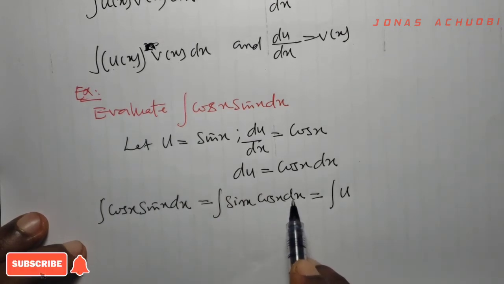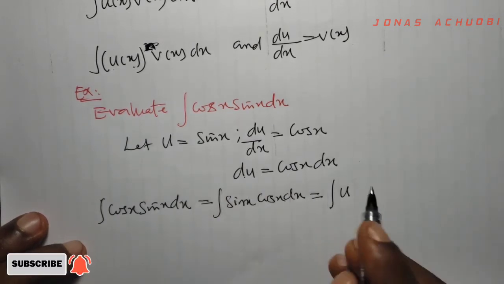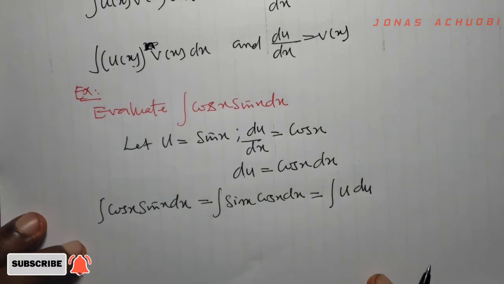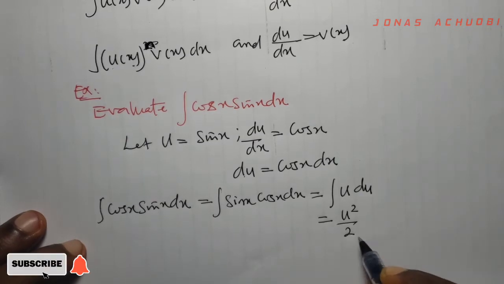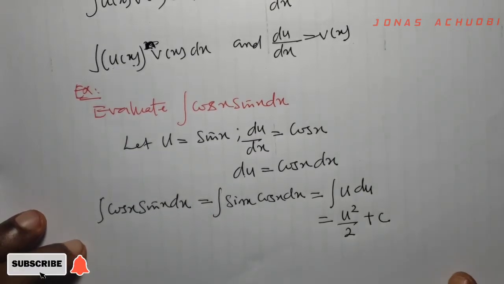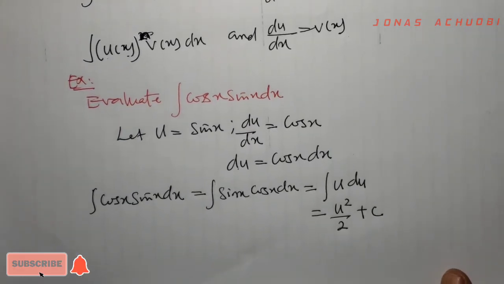What is cos x dx? Our cos x dx is du. The integral now becomes the integral of u with respect to u, which we can easily integrate. If we integrate u du, what do we get? We get u squared over 2 plus our constant of integration c.